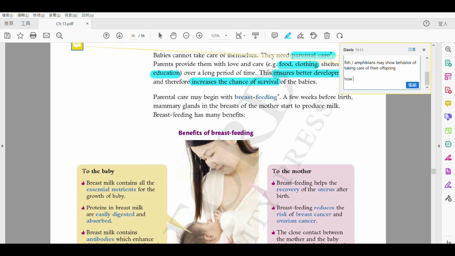So you can think about this. Somehow, how many offspring does the fish produce? Maybe like 100 or above, right? But normally what about human? Human normally 1 to 10 maximum, right? 10 babies at a time, maximum.